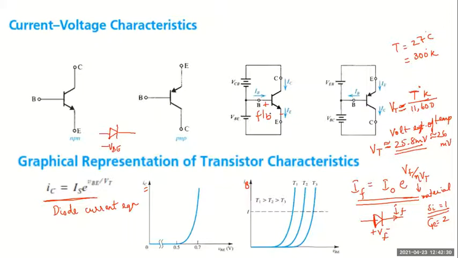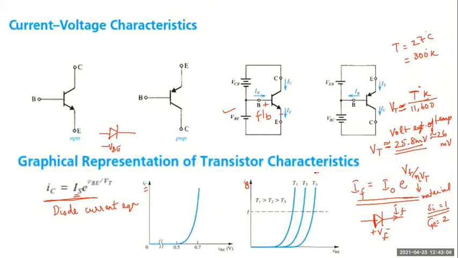You are seeing here the base emitter voltage is this forward bias voltage in the base emitter diode, and the output current IC, which is caused to flow in that diode, will depend on the reverse saturation current, which we call as IS, into e to the power of what is the forward bias voltage VBE divided by neta, which is 1 because the material is silicon, into Vt, the volt equivalent of temperature.